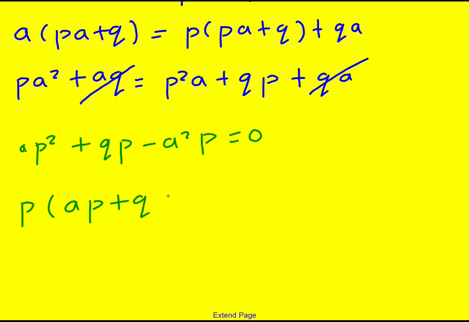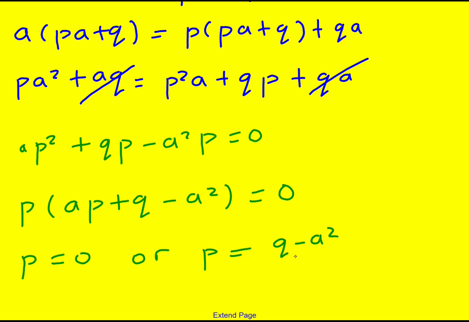So p(ap plus q minus a squared) equals 0. So p equals 0, or p equals q minus a squared over a.